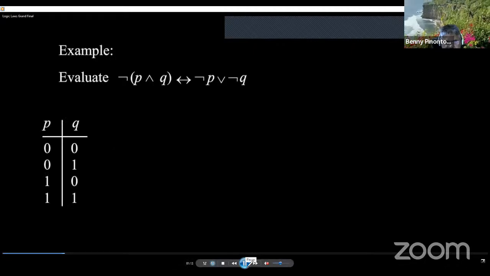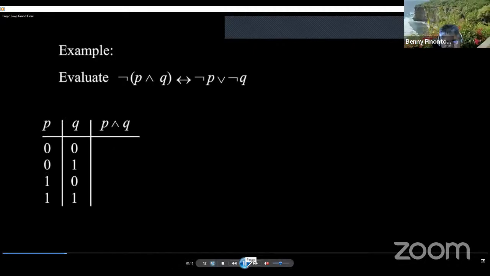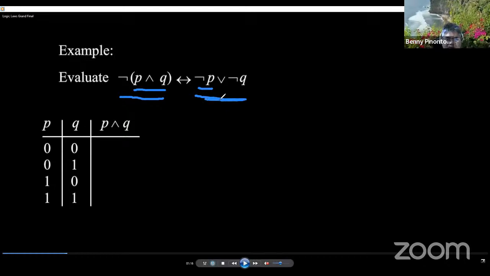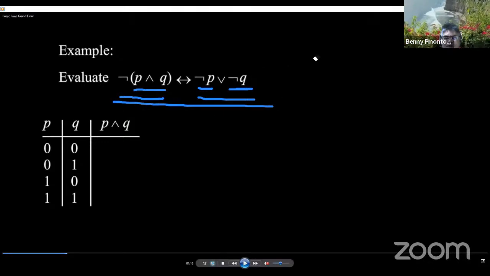Again, systematically 0, 0, 1, 1, and then 0, 1, 0, 1. Then we evaluate this first, and then that, and then this, and then that. So that's how we evaluate that.